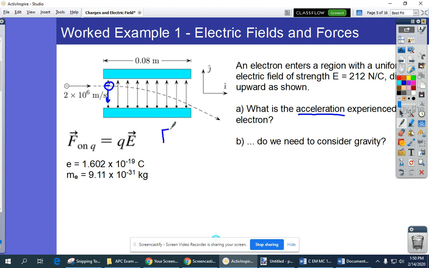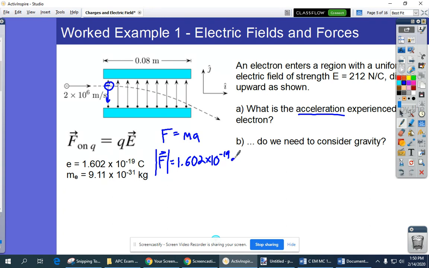Well, if I want the acceleration, how do I find acceleration? I use F equals ma. But I also know that the force that it feels will be equal to Q times E. So if I calculate Q times E, the force that it feels is 1.602 times 10 to the negative 19th. And now if you're screaming at me that it's negative, we are looking for the magnitude of the force here. Be careful with that, because we've got positives and negatives floating all around.